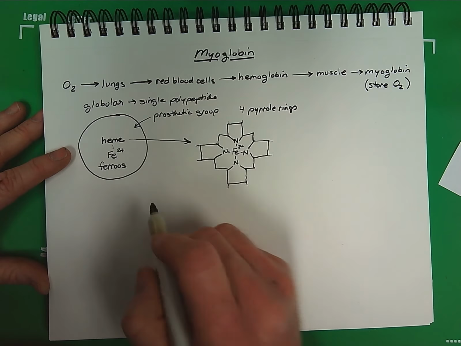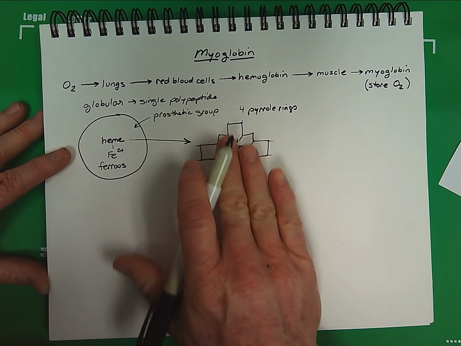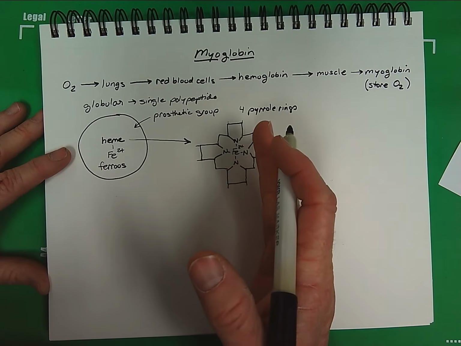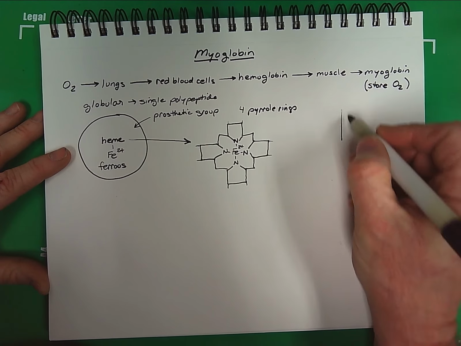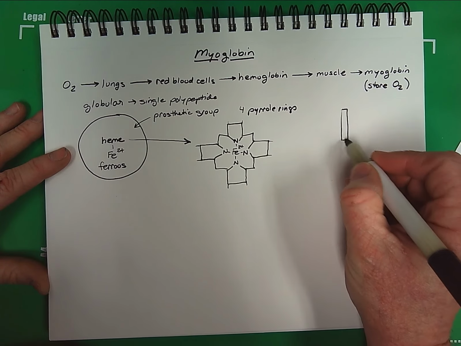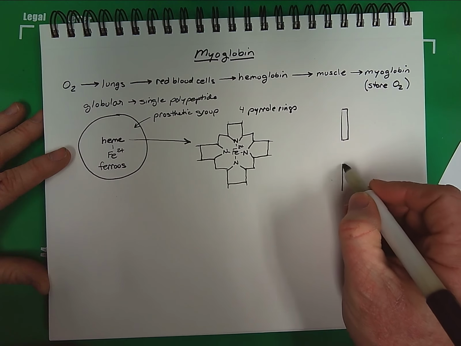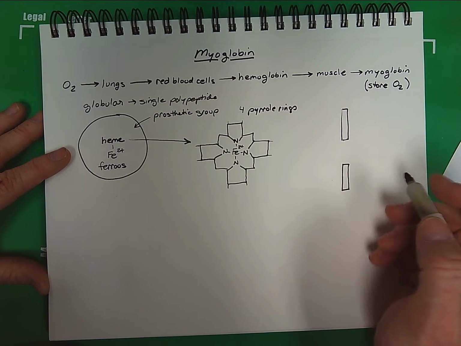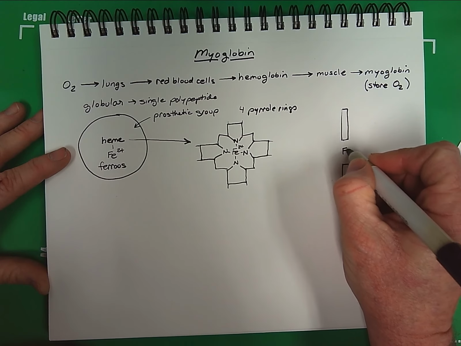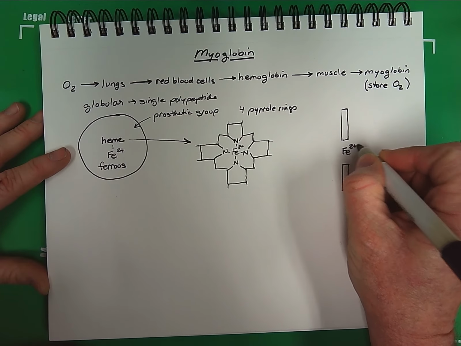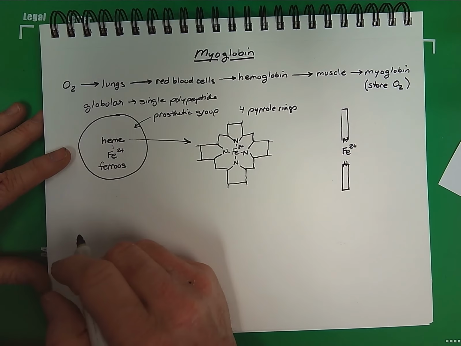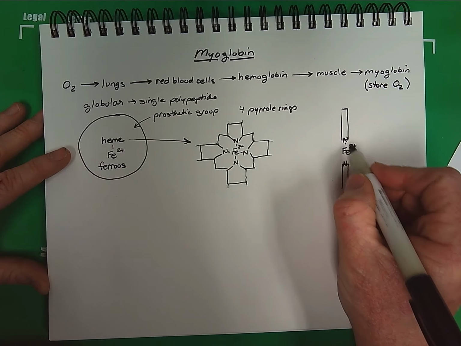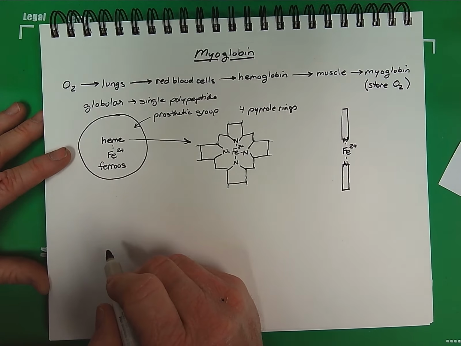Now this is the basic structure of heme, but in order to look at the functional properties of heme iron, we need to take this structure and turn it 90 degrees. So let's turn the pyrrole structure 90 degrees, and we will place our iron in the center here because of the nitrogens that are coordinating this interaction with iron to hold it in place.